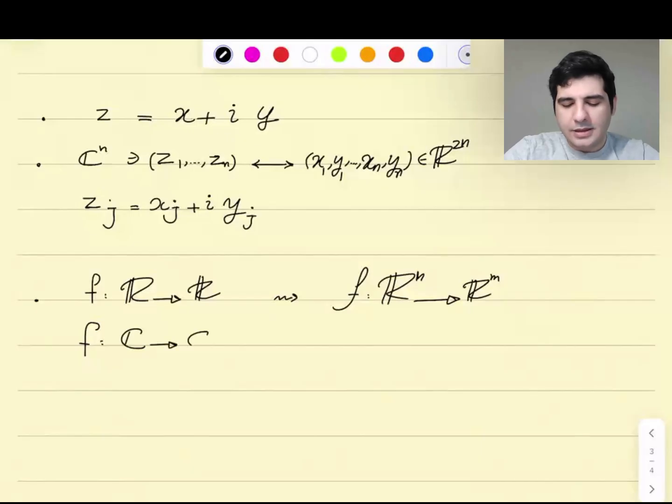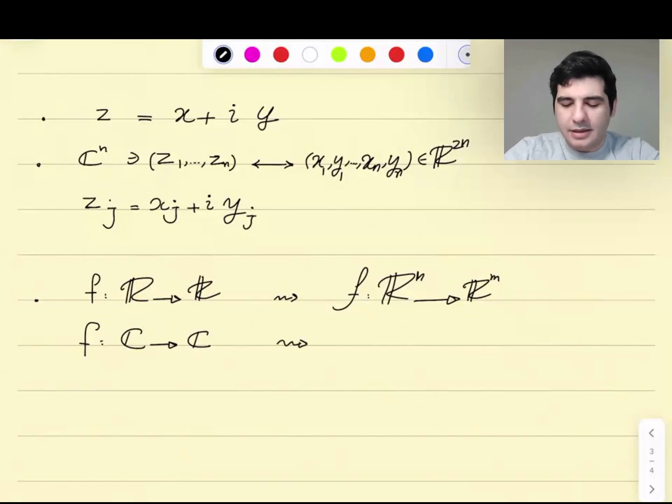So in this course, we studied what it means for a function to be complex differentiable when it's a function from C to C, or maybe defined on an open subset inside C, or what it means for such a function to be holomorphic or analytic, etc., right?